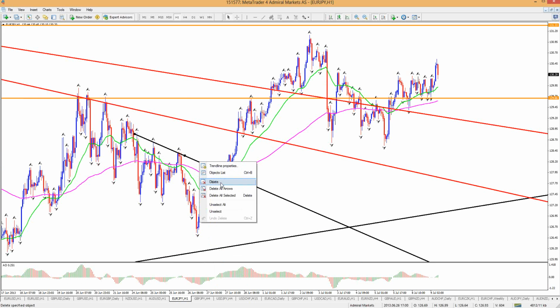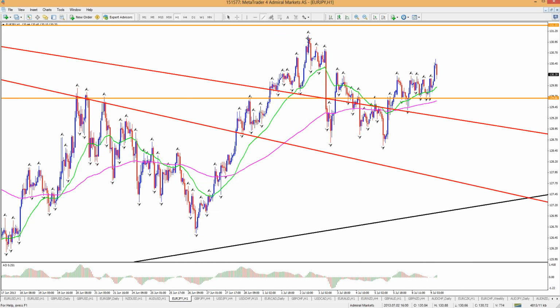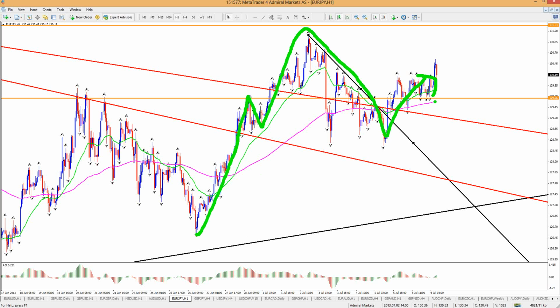Many trend lines here. For example, like this one. That was interesting because we had a break here, a back, break, and then another break here.